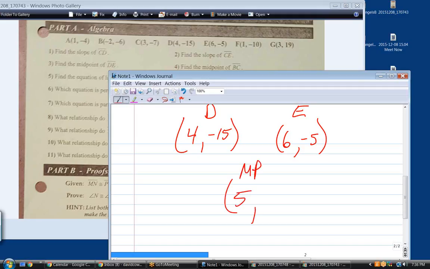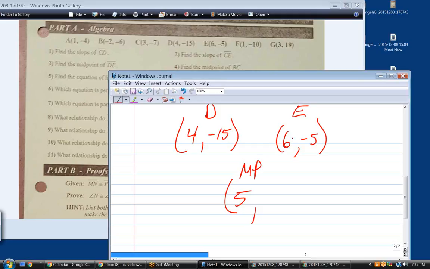What's the midpoint y coordinate going to be? -8. -7.5. No. Remember that the midpoint has to be equally distant from each of the 2 points. If it was -7.5, it would only be 2.5 away from that. It would be 7.5 away from that. So -10? Correct.